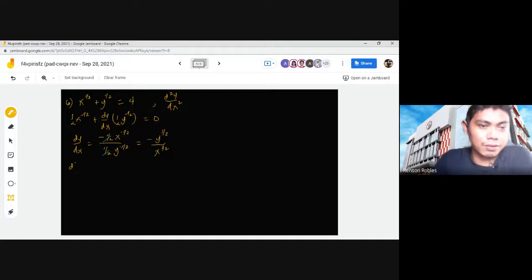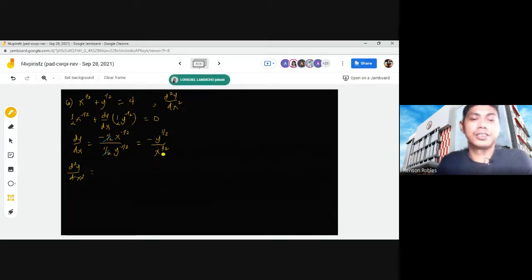Cancel this out, and then you get the reciprocal to express the power positive. Negative y raised to 1/2 all over x raised to 1/2. All right. Then we are now ready to look for the second derivative of y in terms of x.